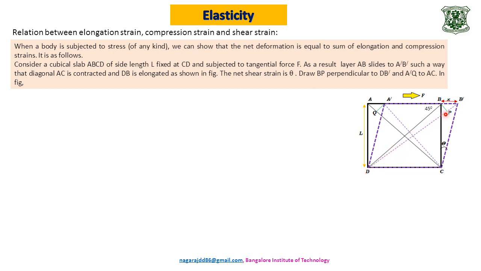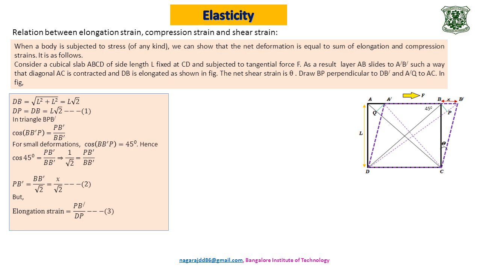And draw perpendicular BP to DB dash so that DB and DP are equal. Similarly, draw A dash Q perpendicular to AC so that CQ and CA dash are equal. Let us proceed.